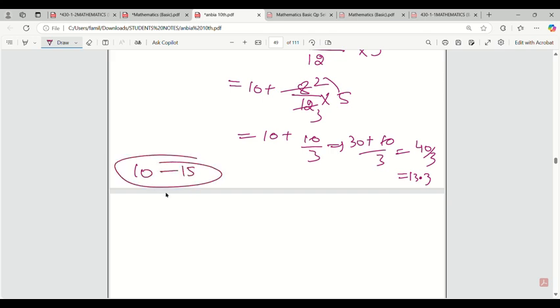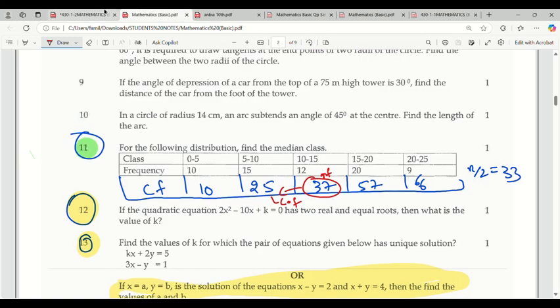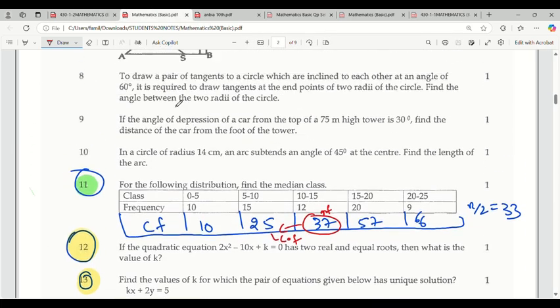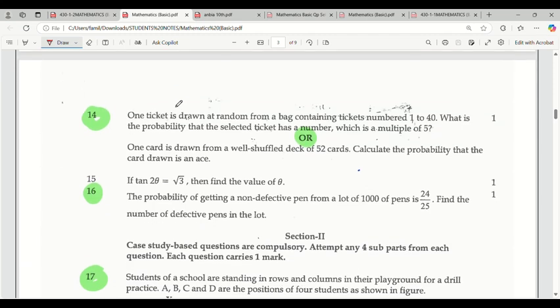Whatever median you get should be between 10 to 15, within the limit of the class you chose as the lower boundary. See, the answer is in 10 to 15, so this is correct. But you also verify this once.